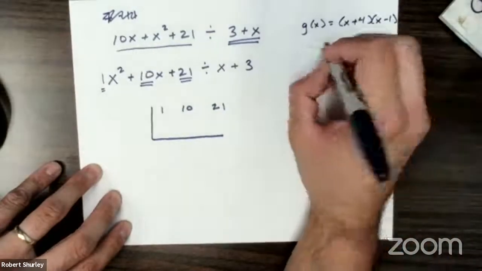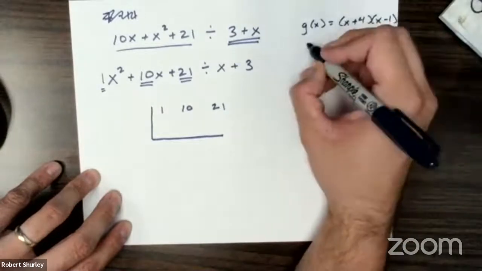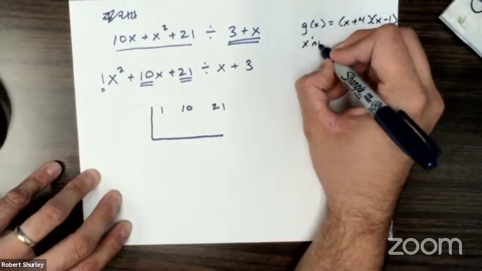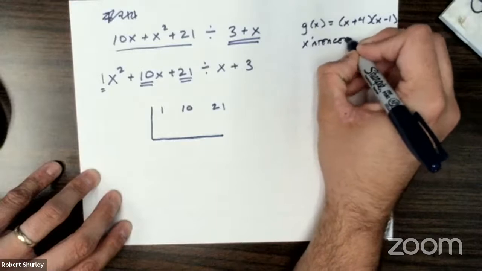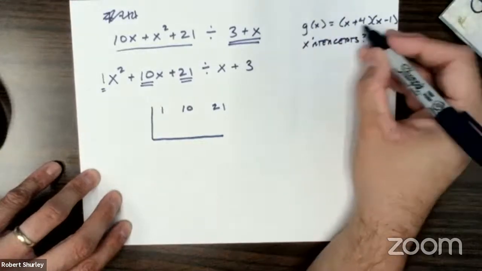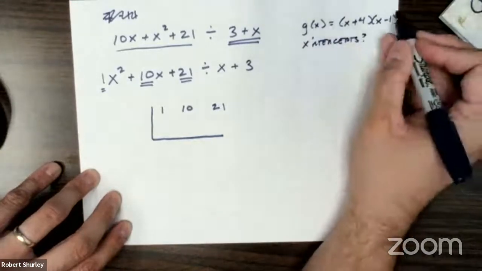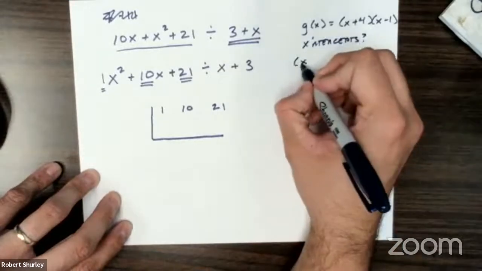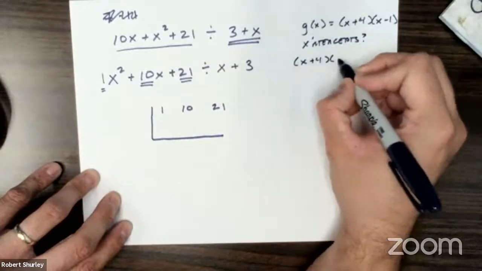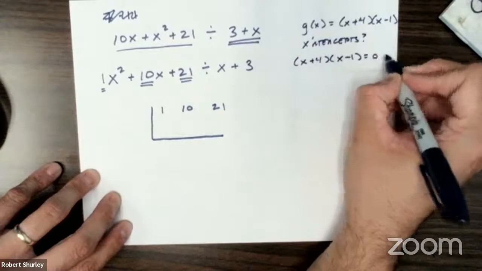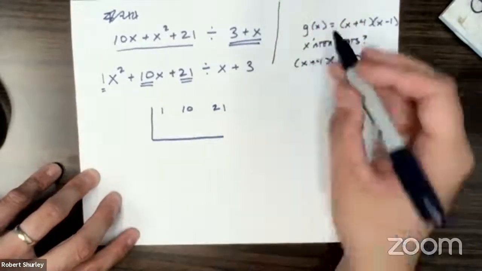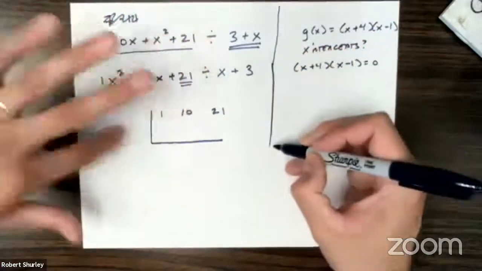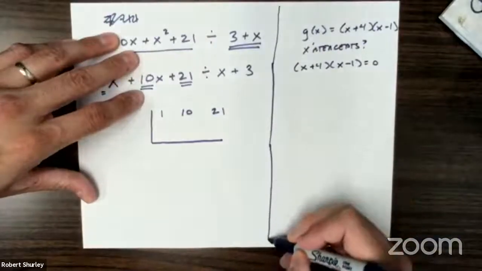And I ask you, hey, what are the x-intercepts? It was kind of nice in this form, because remember with x-intercepts, you set the whole thing equal to 0. So x plus 4 times x minus 1 equals 0. So I'm going on a little tangent here. I'll come back to synthetic here in a second.